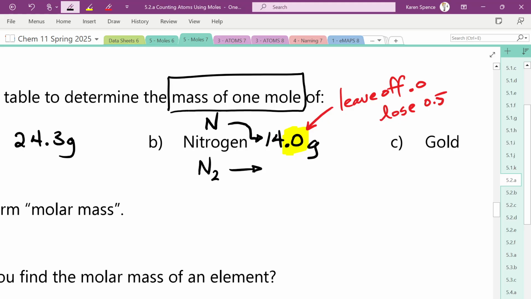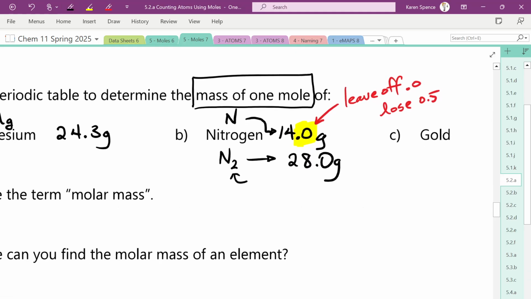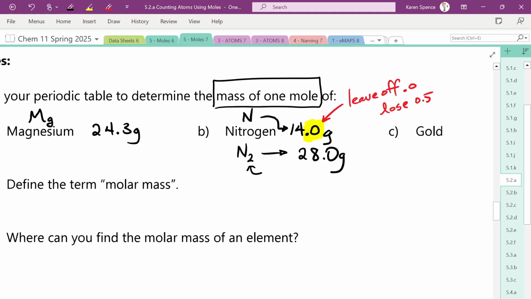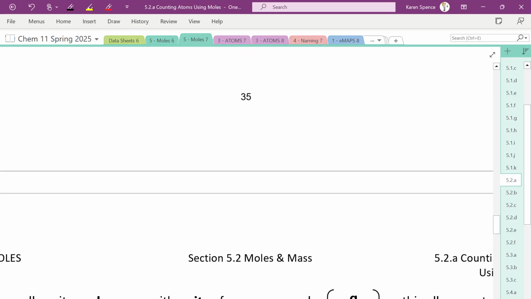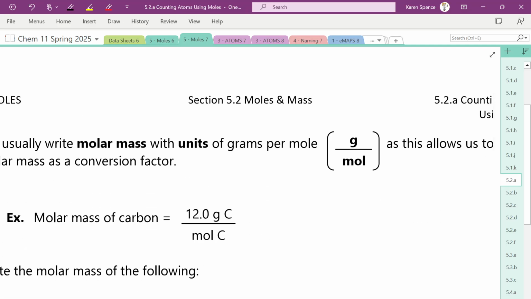What is the mass of N2? 28.0 grams. All you had to do is multiply by 2 because we've got 2 atoms instead of 1 atom. Okay. I'm going to let you do these next 2. We don't need to do those together.